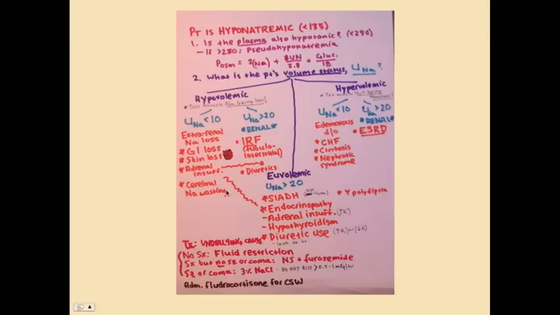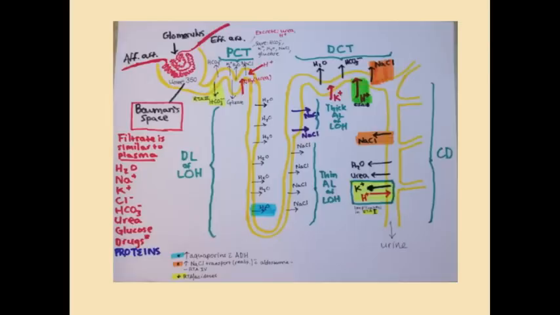So how do we tease out adrenal insufficiency from the hypovolemic cases? Well, what does aldosterone do? It causes us to reabsorb sodium at the expense of potassium. So what we're going to have in adrenal insufficiency is low sodium and high potassium, because we don't have the thing that causes us to absorb sodium and get rid of potassium.